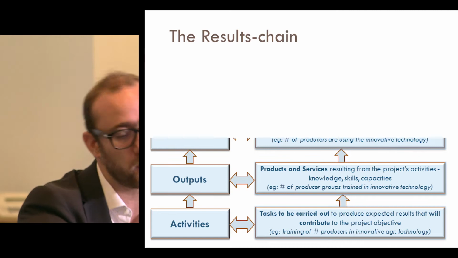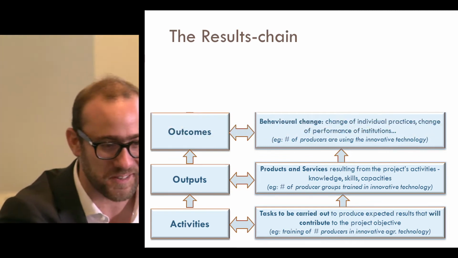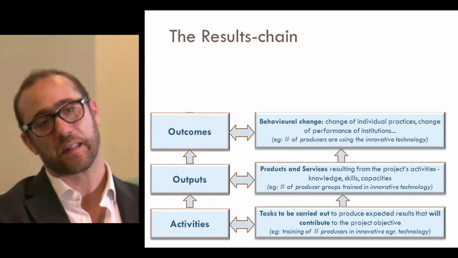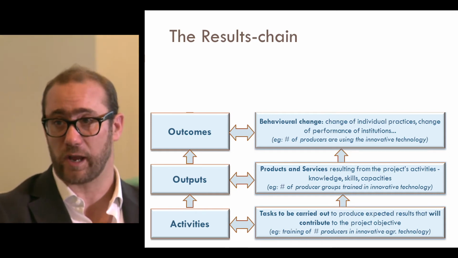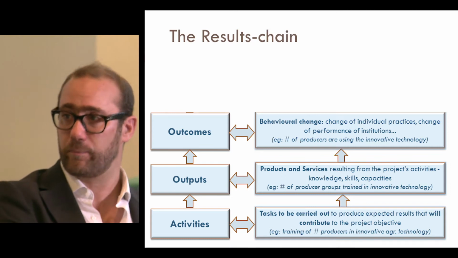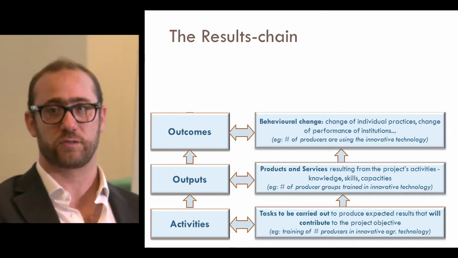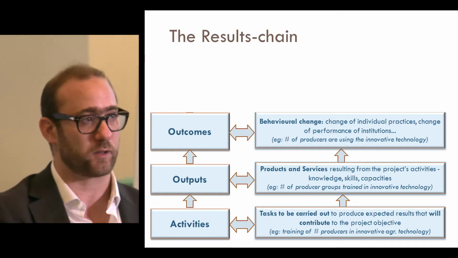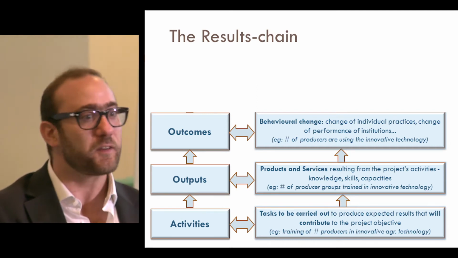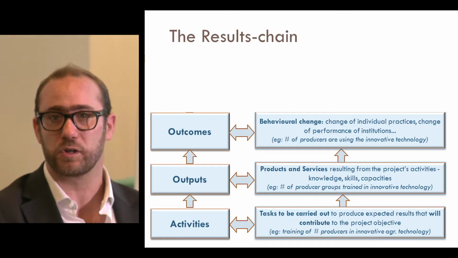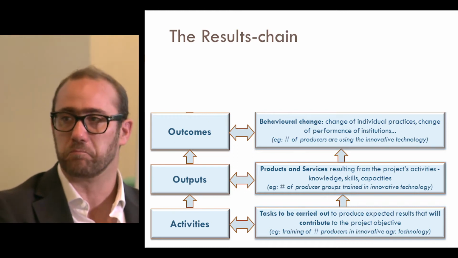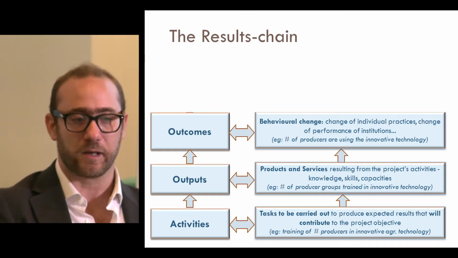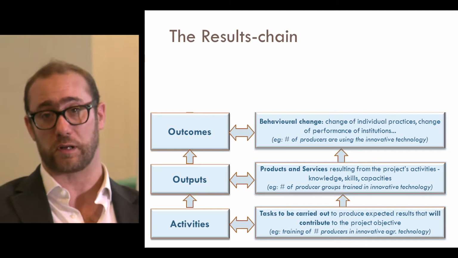So that's how we arrive at outcomes, which, as you now know, can be explained as behavioral changes in people's behavior, like producers that utilize a new agricultural technology or tree plantation technologies, or simply community-driven development planning or issues of this kind, or also institutional changes.